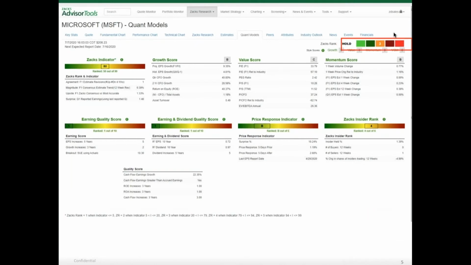Now, moving on to the quant models, you can see here that there are several individual style scores from the Zacks indicator to the Zacks insider rank. So starting here with the Zacks rank and the Zacks insider rank, the Zacks indicator is where the Zacks rank is derived from. A basic tenet of investing is that a company's current value is equal to that company's future earnings discounted to the present.